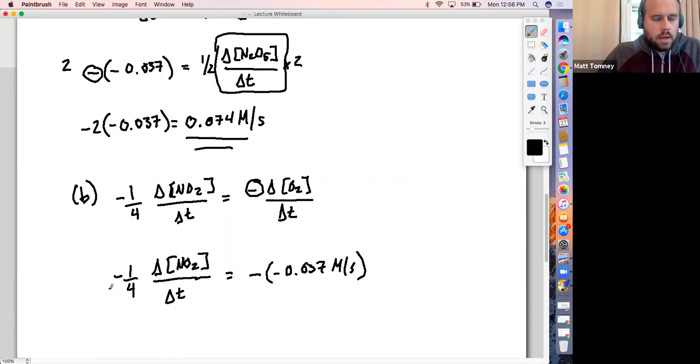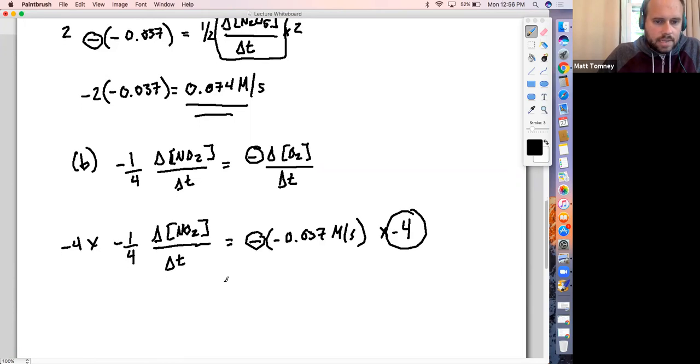And same thing, I'm going to need to get rid of -1/4, so I'm going to need to multiply by -4 on each side. Okay? So keep in mind, if I've got a -4 and a negative, negative times negative becomes positive.